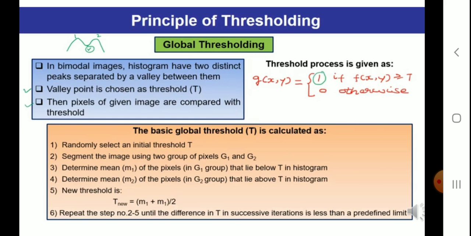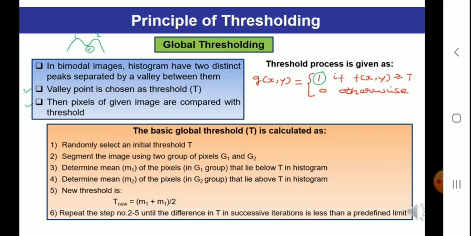So the basic global threshold t is calculated as follows. First of all, randomly select an initial threshold t. Secondly, segment the image using the two groups of pixels G1 and G2. Third, determine the mean m1 of the pixels in group 1 that lie below t in the histogram, and determine the mean m2 of the pixels in group 2 that lie above t in the histogram.